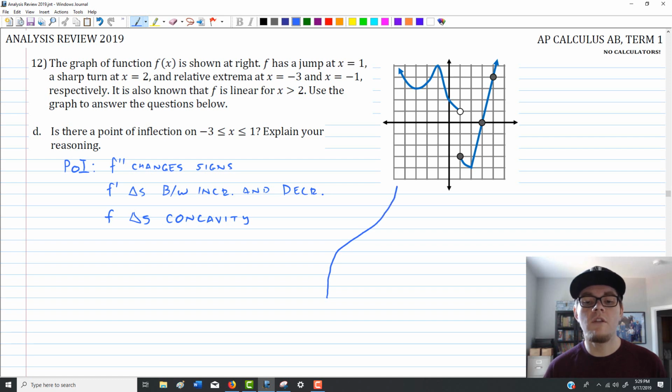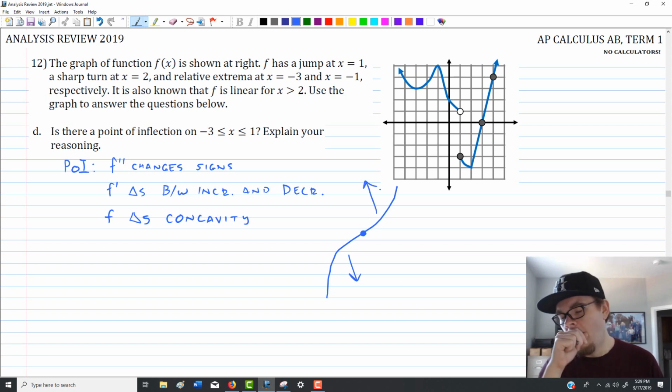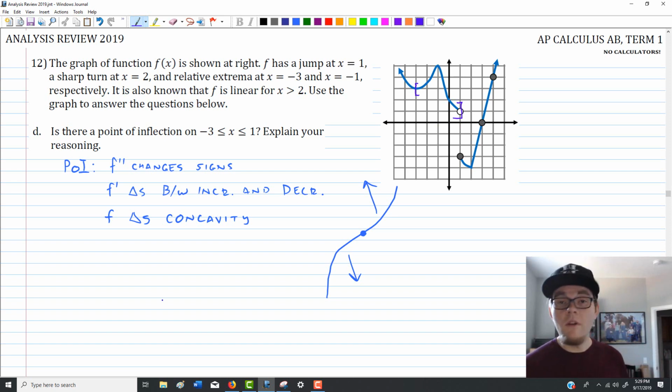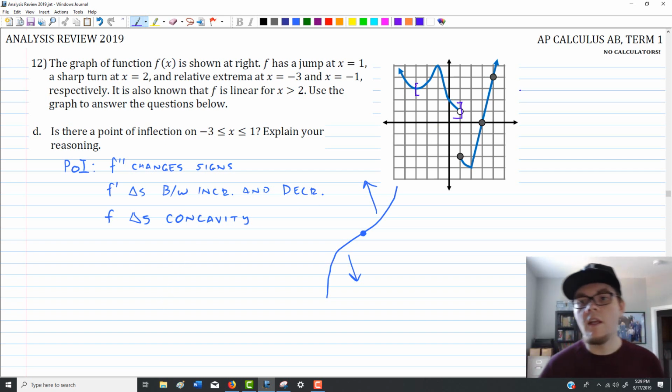You know, if we try to draw a function, we draw something like that. We can see that there's got to be a point of inflection down there because our function was concave down, and then our function became concave up. So given that in your mind, if we want to look at the interval from -3 to 1, which by the way occurs from right here to here, we need to see evidence of one of those 3 things. And since we're looking at the graph of f of x, I think it's easiest to look at f's concavity.